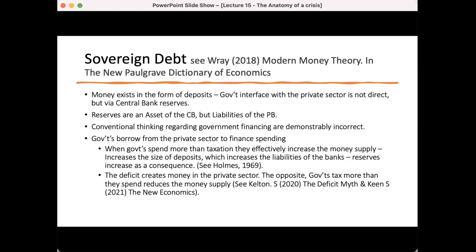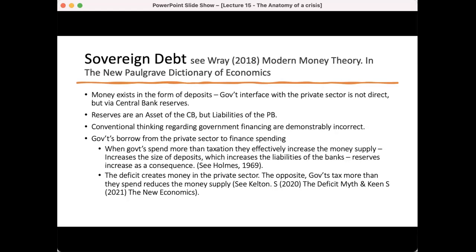Government spends money, okay, it creates money, it spends money into the economy and then claims it back in taxation, which is in effect destroying money. The money supply is the difference between spending and taxation. And that's an important thing to remember there.